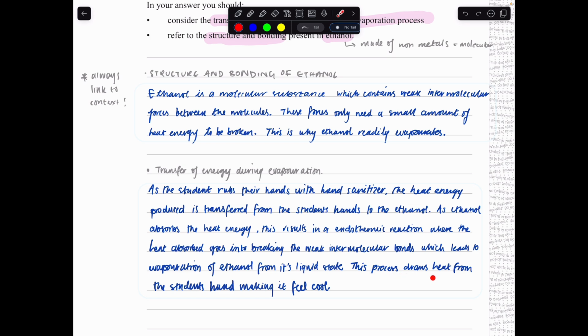This process draws heat from the student's hands, and because it's drawing heat out of the student's hands, this gives the sensation of feeling cool. And that is how we do it.